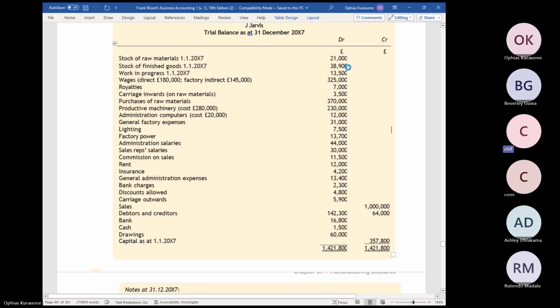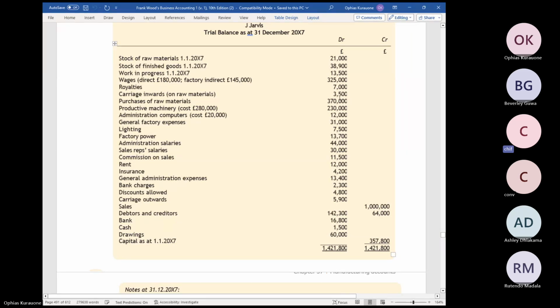Stock of finished goods 38,000. Factory indirect 145,000. Royalties 7,000. Carriage inwards on raw materials 3,500.